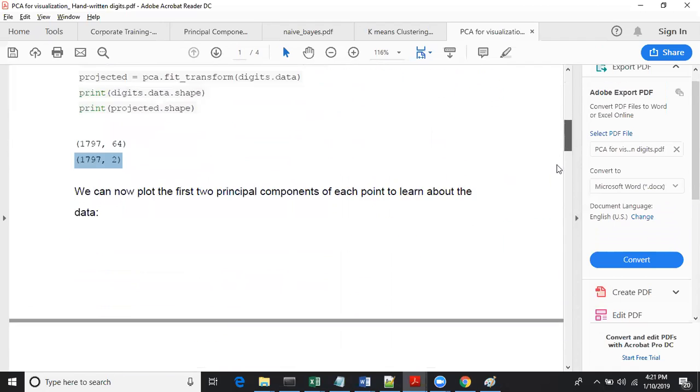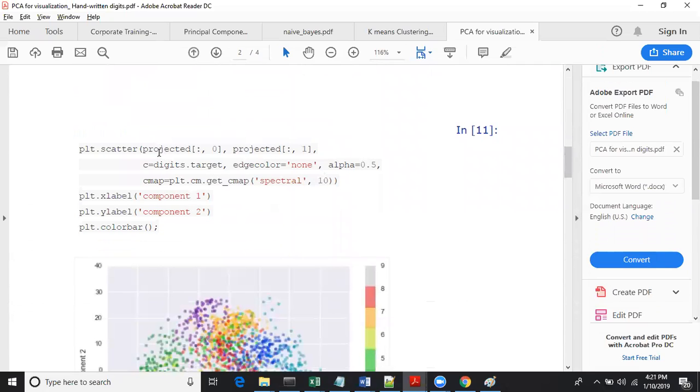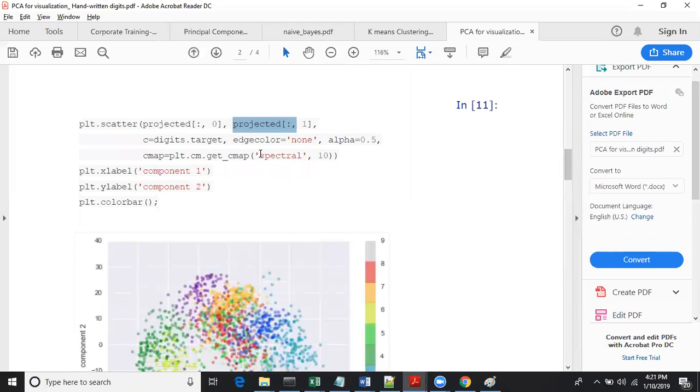So 2 dimensions means only 2 columns are there. This is the first column and this is the second column. In these 2 columns, we wanted to represent 10 different colors, 10 different types of data. And that data is what? digits.target. So now I'll show you that digits.target has all the digits.